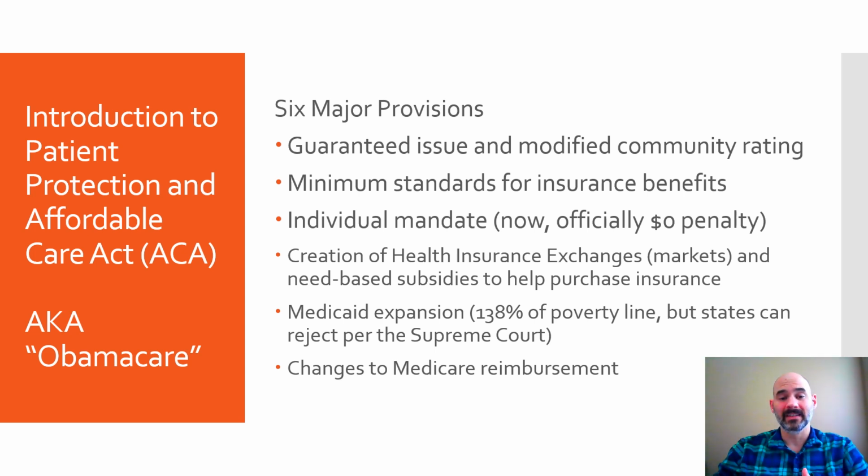Another major provision was that the Affordable Care Act created health insurance exchanges or markets throughout the country and provided need-based subsidies to help people buy insurance on these exchanges. Remember, going back to chapter 10 on private health insurance, in an employer-based insurance system, if you do not have an employer, then it's going to be hard for you to find health insurance. COBRA health insurance that you can get through an employer that you previously had is really expensive.